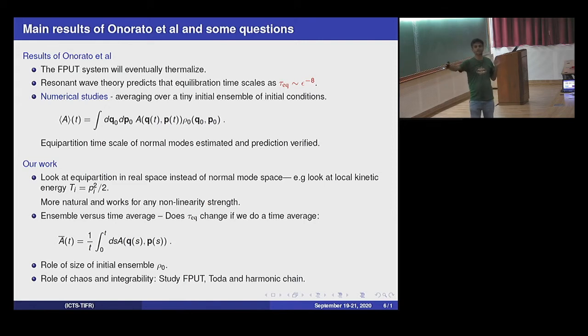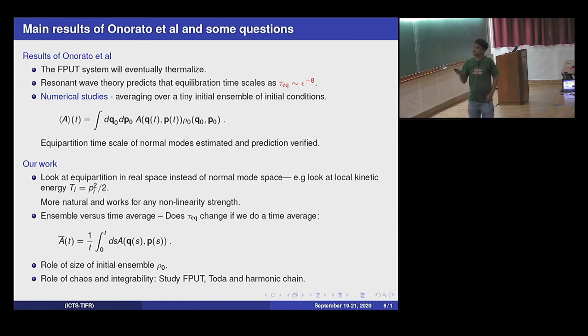How long do you have to run the simulation before you see that all the modes have the same energy? They predict that it goes as a very large inverse power of the nonlinearity. If for FPU epsilon was like 10 to the power minus 2, this is really huge. That's why they didn't see equipartition.